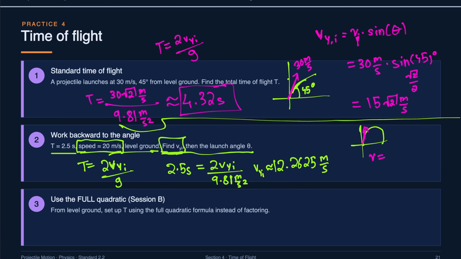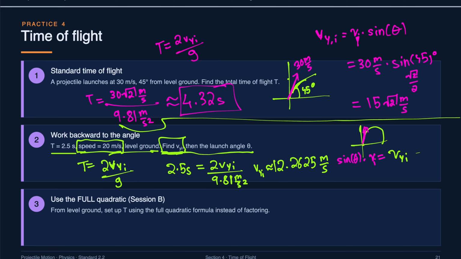I'm going to color code it so you can see which one is the magnitude of the vector and which one is not. So it's going to be sine of theta, because vy initial is v initial times sine of theta.